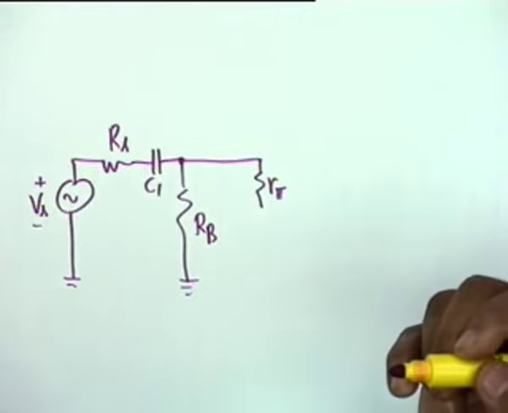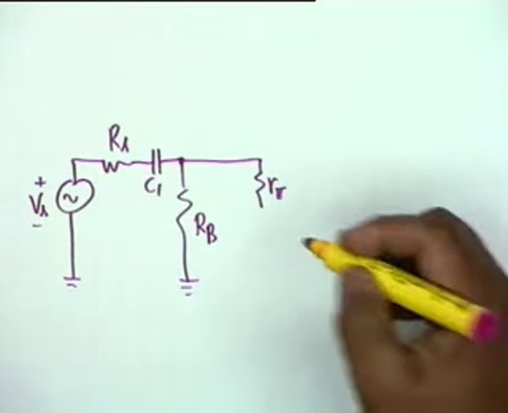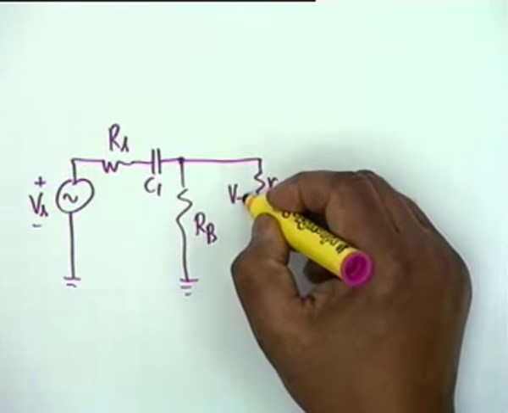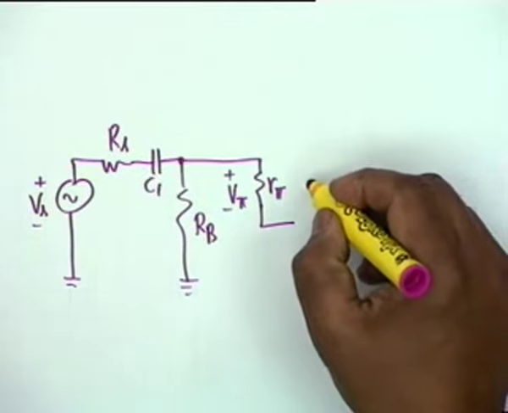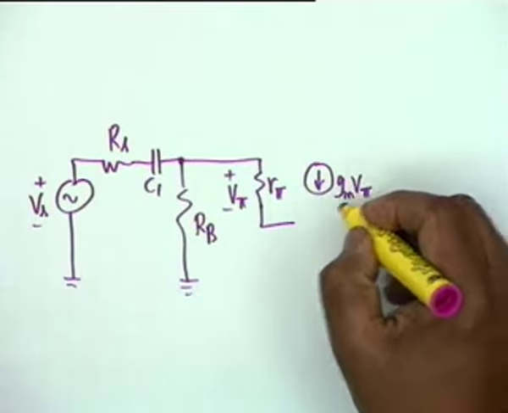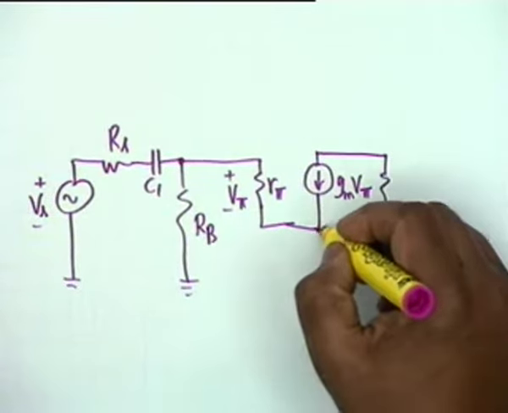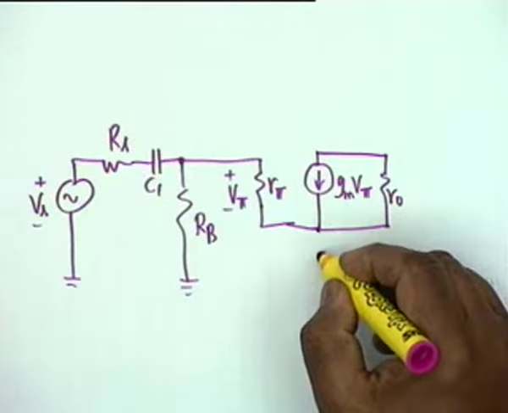We have an R pi. Now I don't bring it to ground because we are considering the effect of CE, all right. R pi, and the voltage across this is V pi. Then we have a GM V pi in parallel with R0. This point is not grounded.